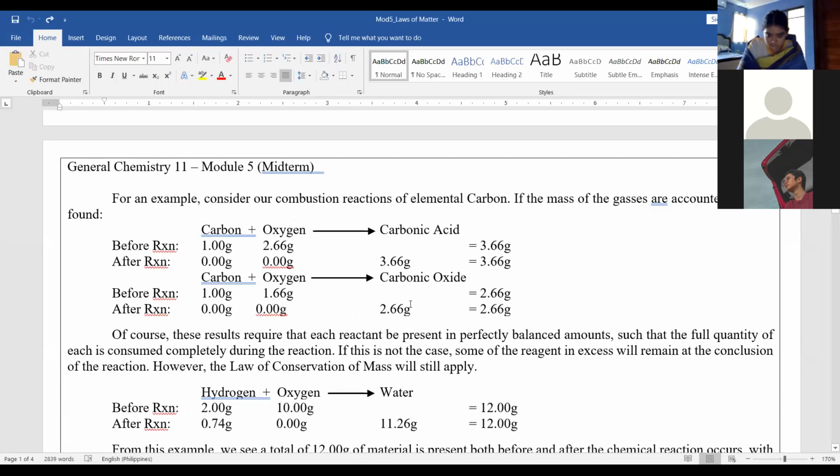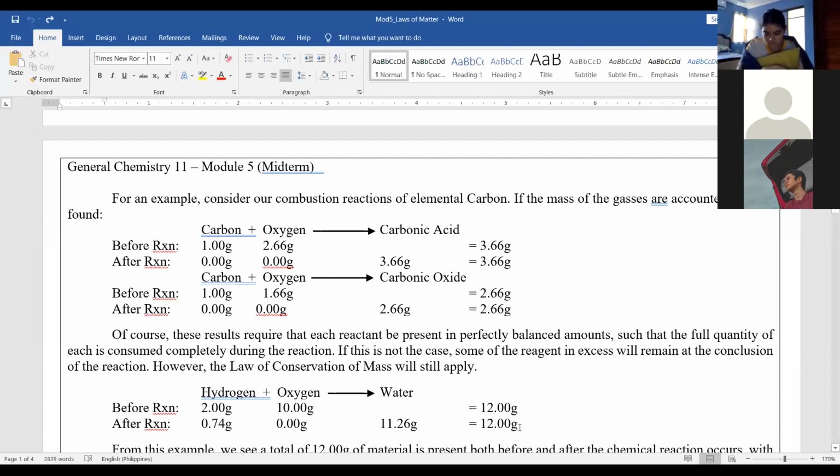Question regarding the law of conservation of mass. You can consider some errata. We cannot call it errata, but we can call it percent of error in a certain chemical reaction. For example, here, the mass of hydrogen is 2 before the reaction, and oxygen is 10 grams before the reaction.